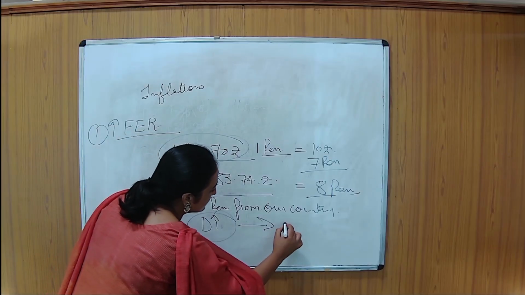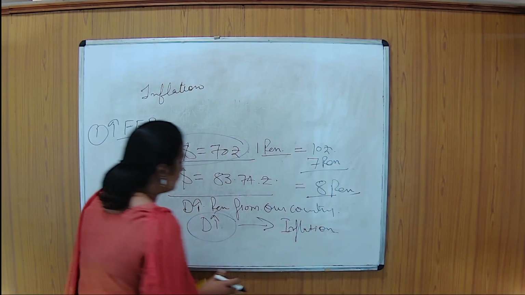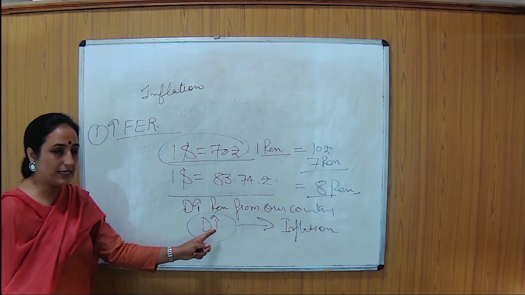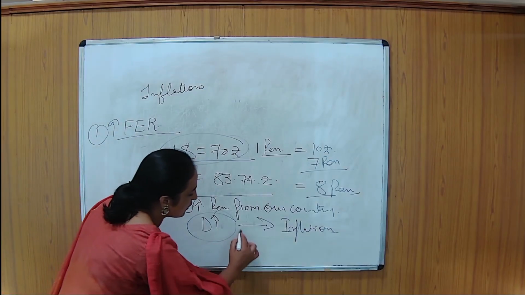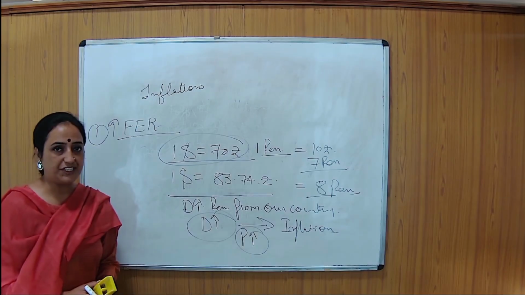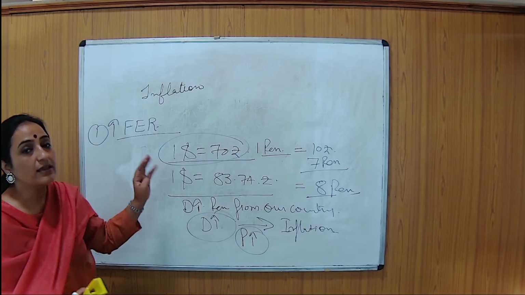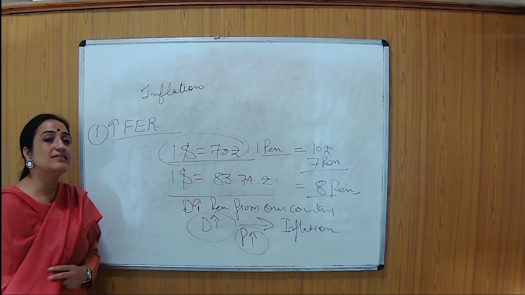That will lead to inflation in our country. Demand of pen will increase in our country, and the price of the pen will increase in our country, and that will lead to inflation.